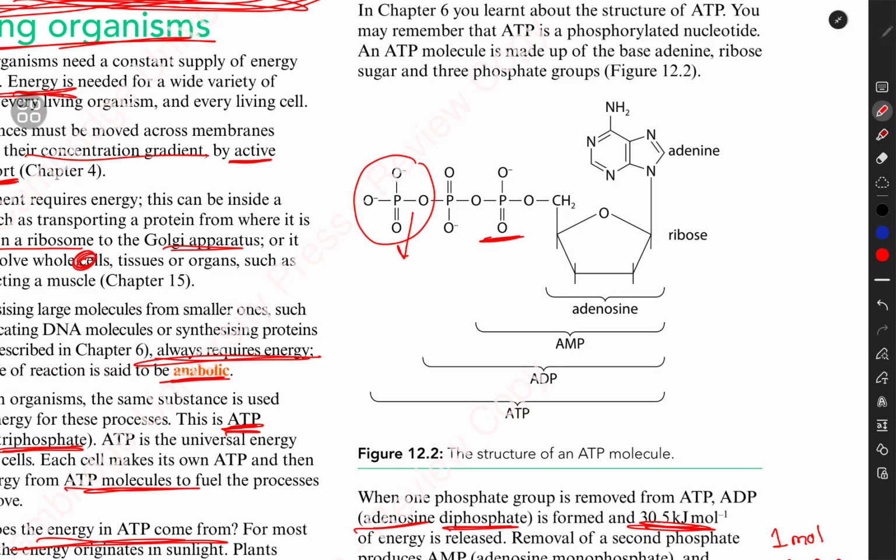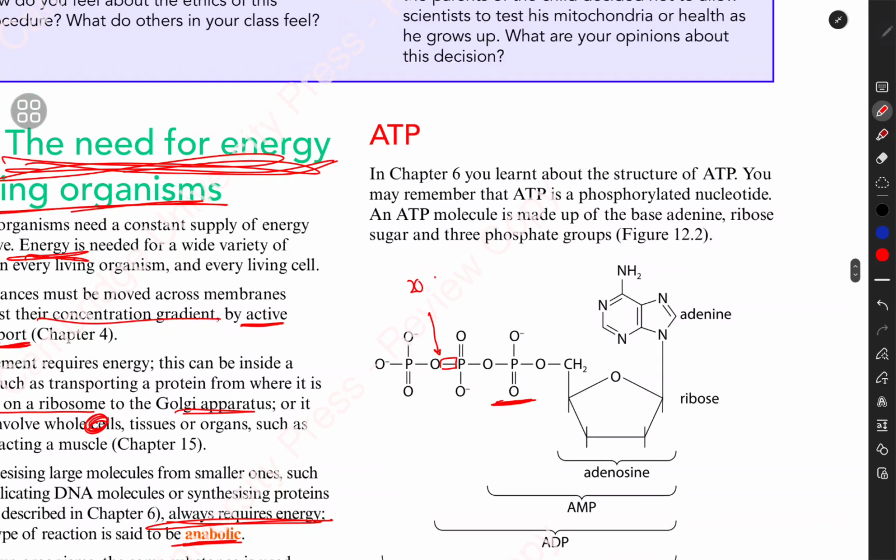First, we need to give this bond, for example, 20 kilojoules of energy. The numbers don't really matter right now, you just need to learn the concept. So first we have to give it some energy, and when we do, this bond is broken.